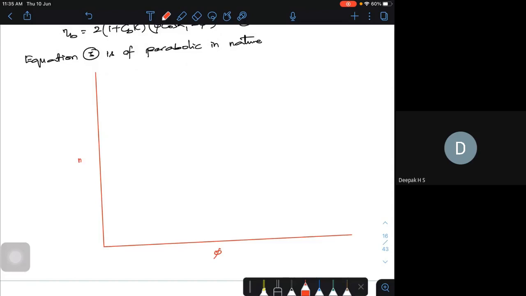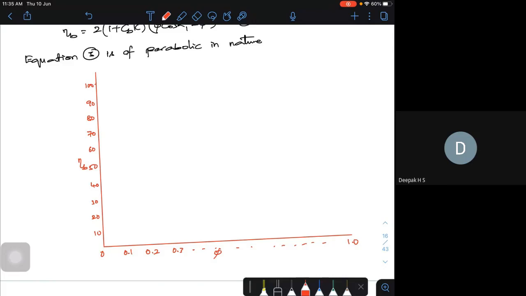So starting with 0, 0.1, 0.2, 0.3, like this, up to 1. And here on the other axis, 10%, 20, 30, 40, 50, 60, 70, 80, 90, 100.